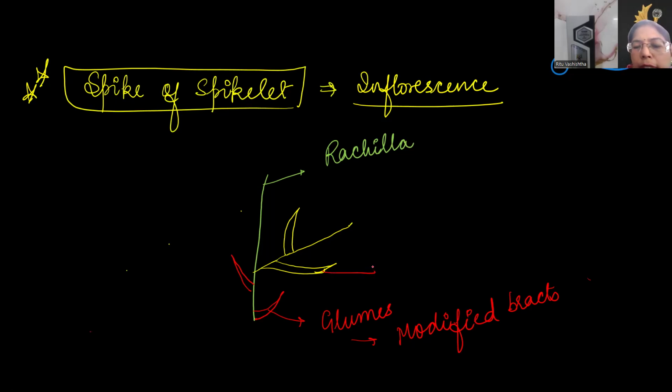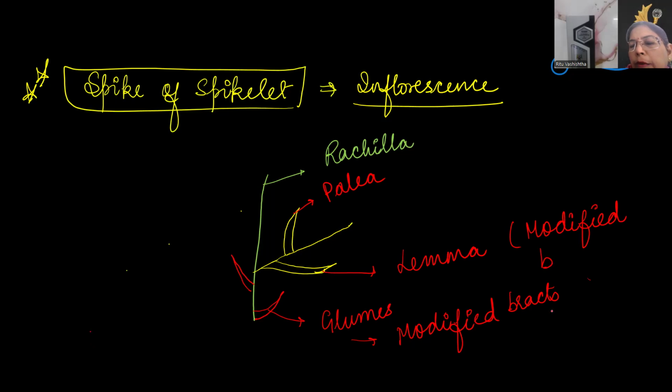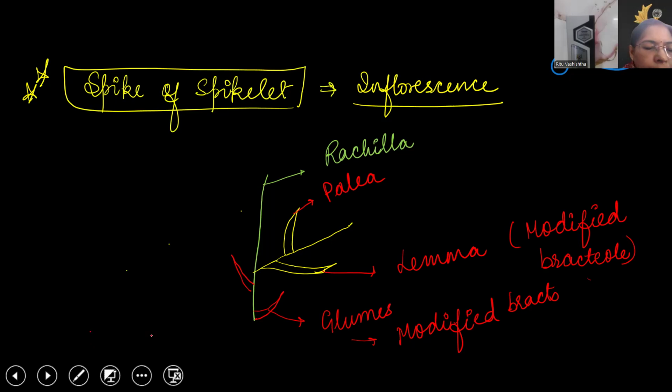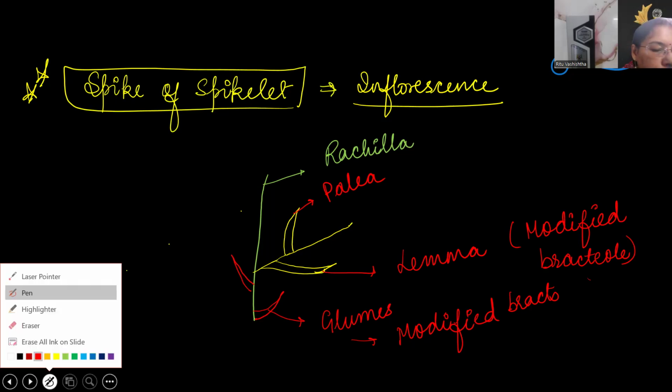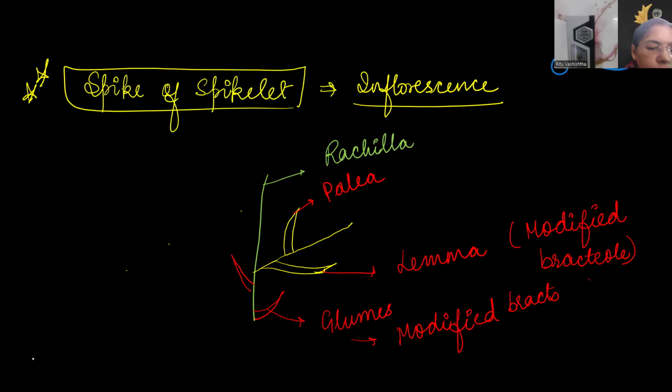This is known as the lemma. This is palea, and these are nothing but the modified bracteoles. Glumes are the modified bracts. These are the modified bracteoles. Then we will be discussing two lodicules. So these two are the lodicules, the perianth.